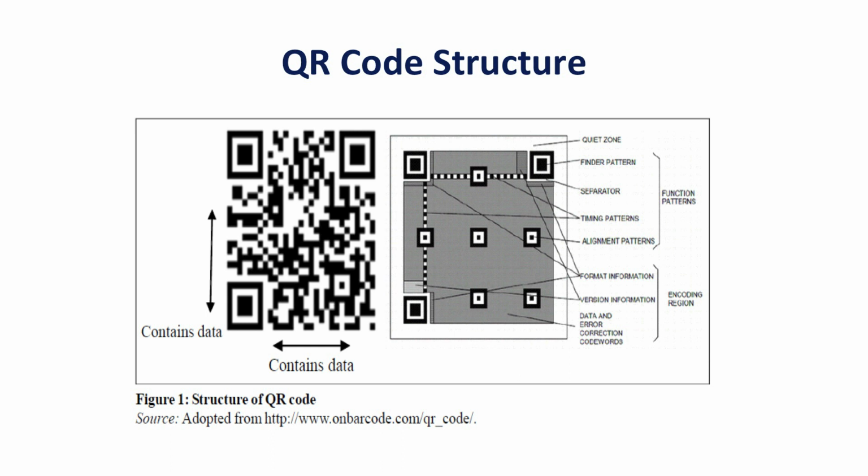Separators are white pixels which separate the position pattern cells from the rest of the data. The timing pattern cells are placed alternatively between two position patterns, which tracks the timing of the incoming code.